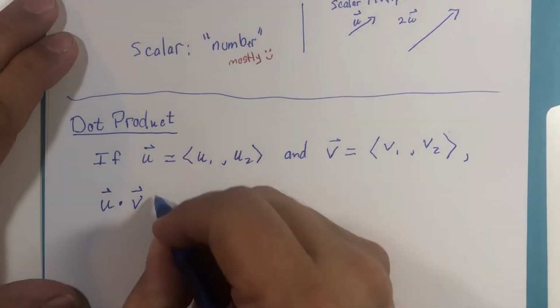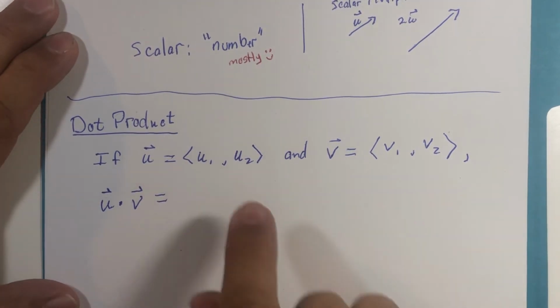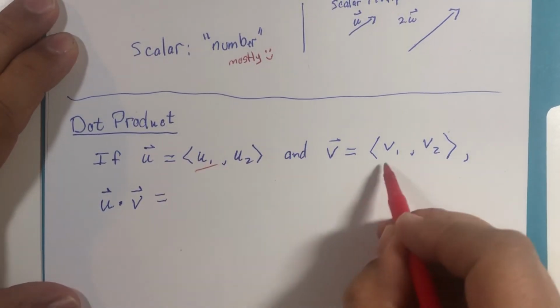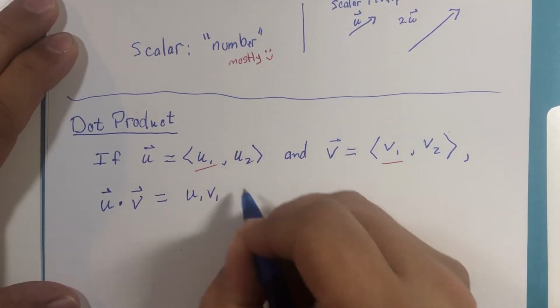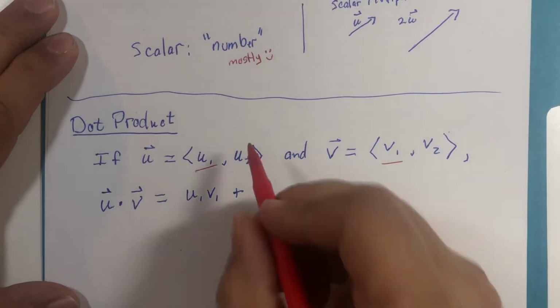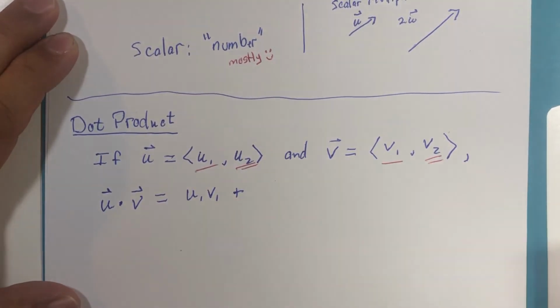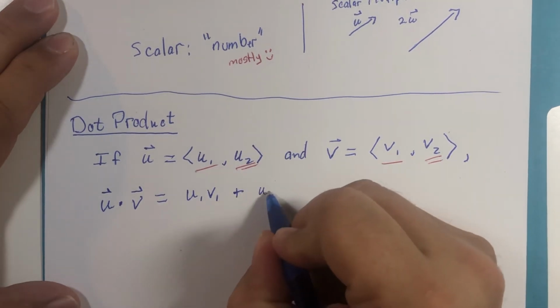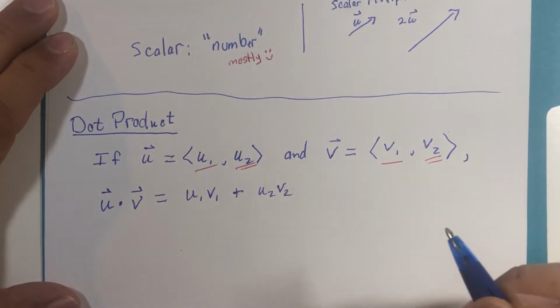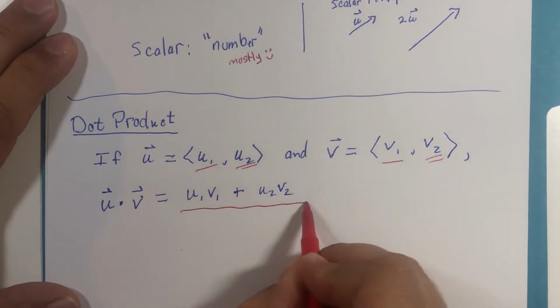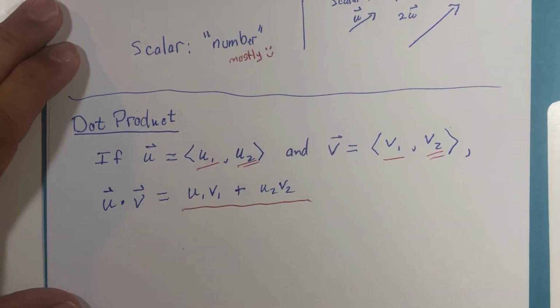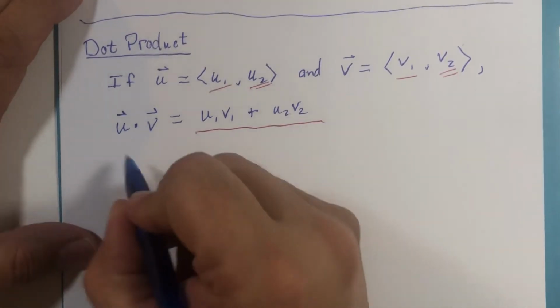So the dot product is as simple as multiplying the corresponding x values together, u1 and v1, plus the corresponding y components, u2 and v2, and that's it. Nothing else. This is your solution. Again, easy, but what does it mean? Not very clear. So let's just generate an example.